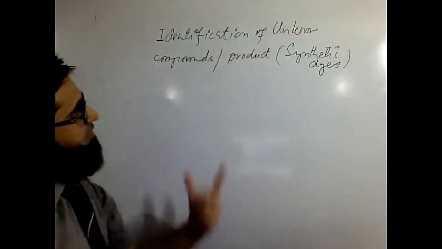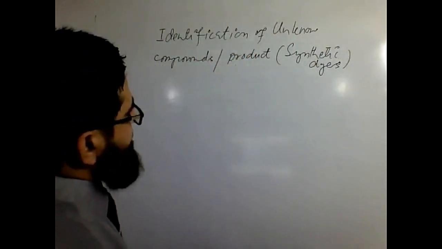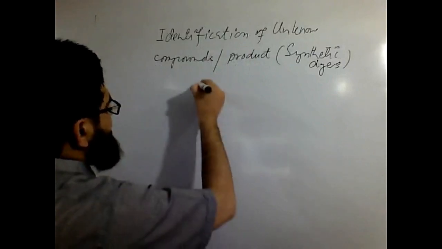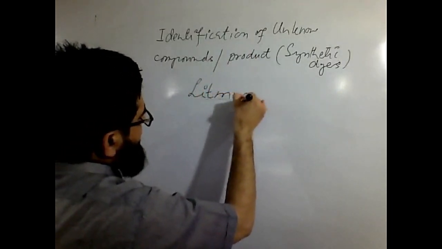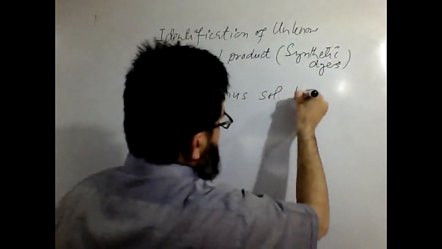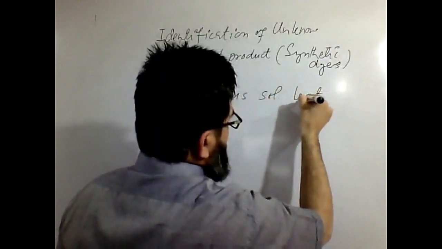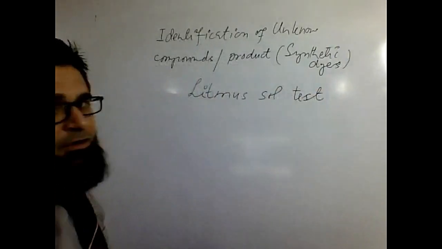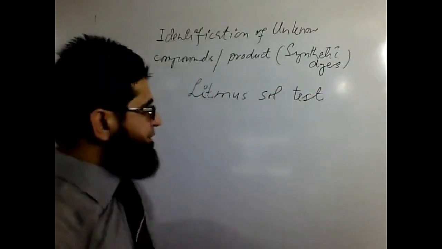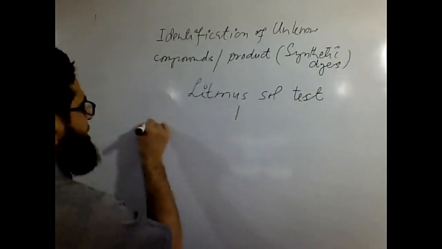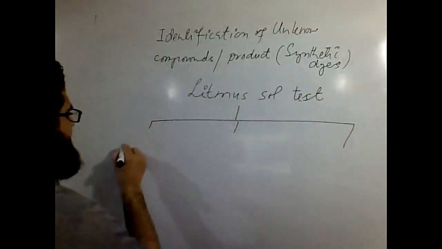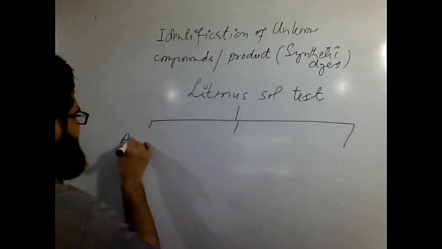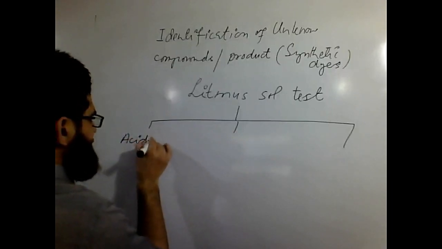So in the identification of compounds, we started off that we should perform the litmus solution test right at the outset of the lab activity. It confirms either your given compound is acidic in nature.